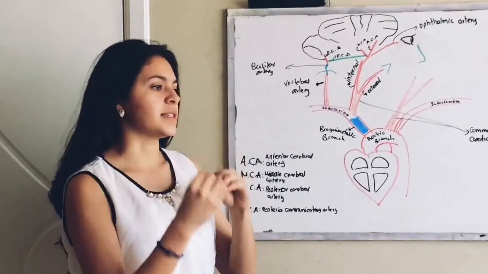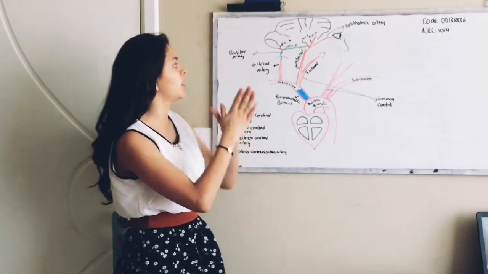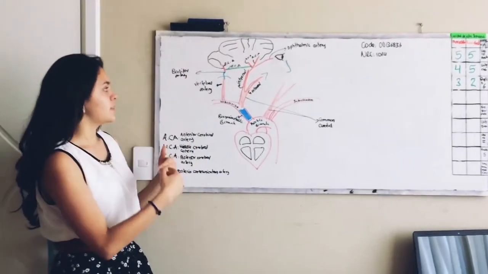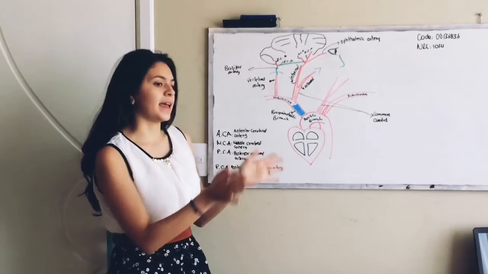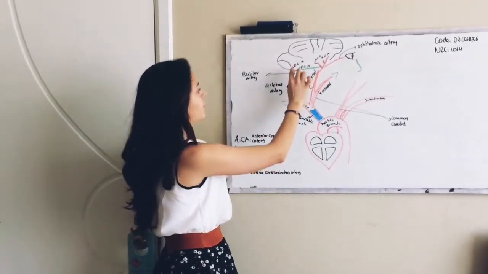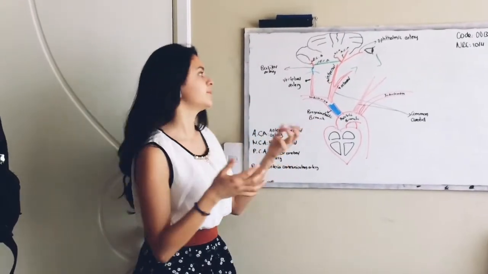So once inside the cranium, they are going to converge and are going to form the basilar artery. And then they are going to divide again and are going to form the posterior cerebral artery, one on the right side and one on the left side.